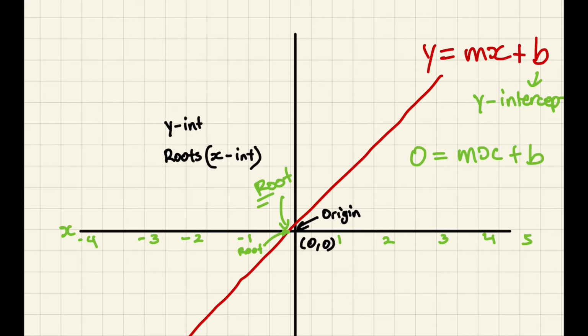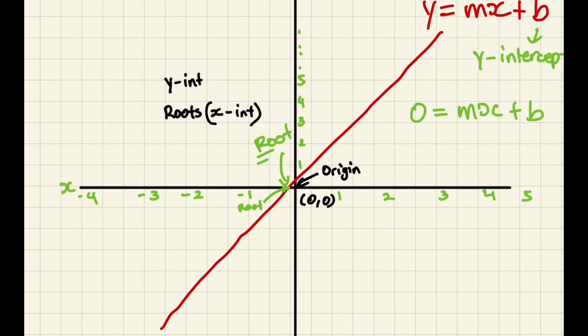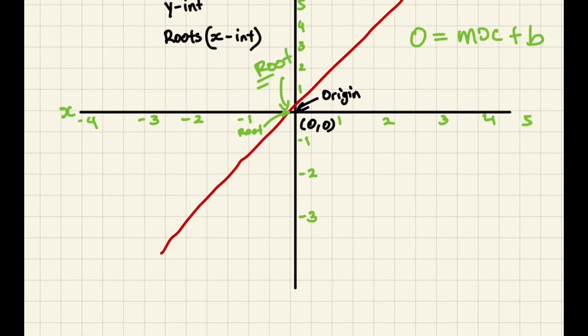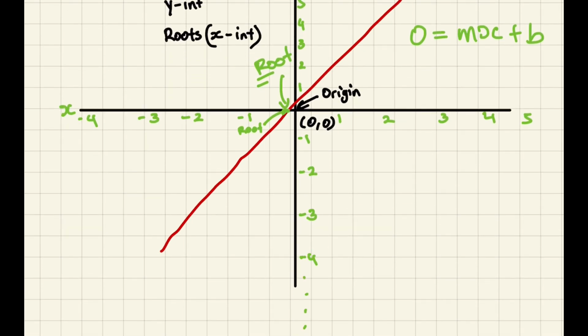Now, the exact same thing happens along the y-axis. So this is the y-axis. So it's positive in the upward direction, 1, 2, 3, 4, 5, and onwards, and negative in the downwards direction, -1, -2, -3, -4, and onwards.